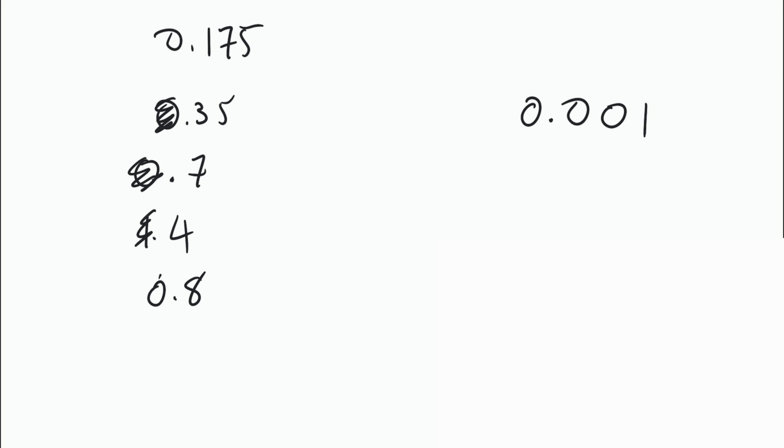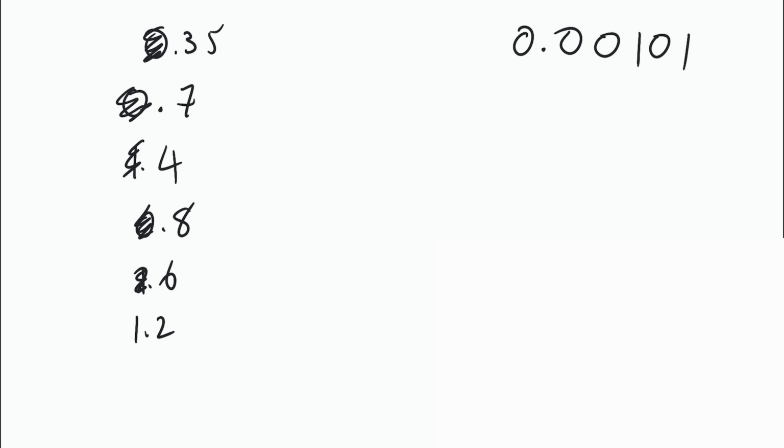Take the 0. Multiply by 2 again, 1.6. Take the 1. Then 1.2. And then take the 1 again. And then you get back to 0.4.